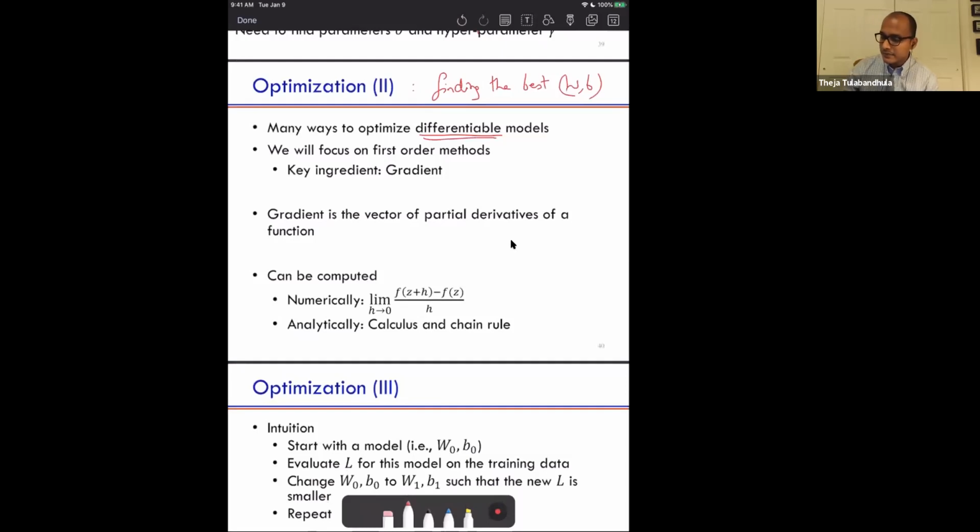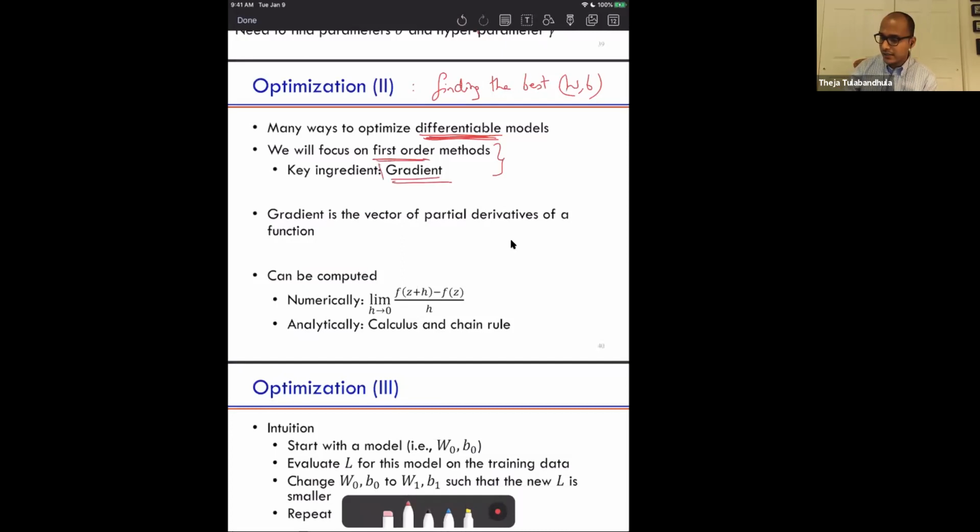I'll use some terminology from calculus. One particular way we're going to look at mostly in this course is what are called first order methods, or methods which use the gradient information.